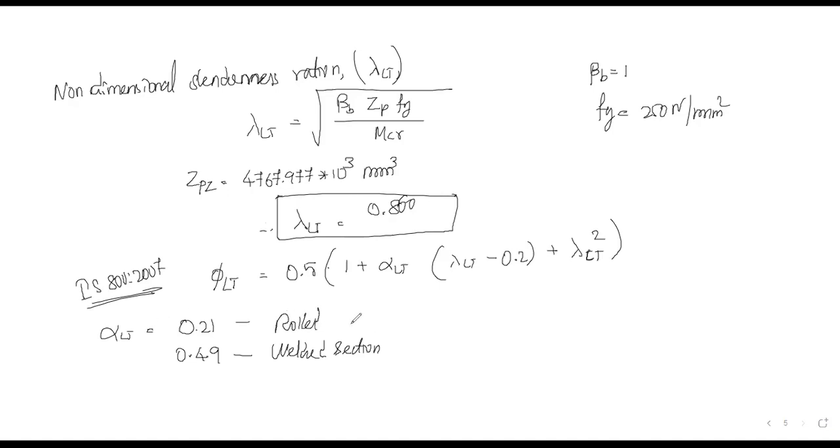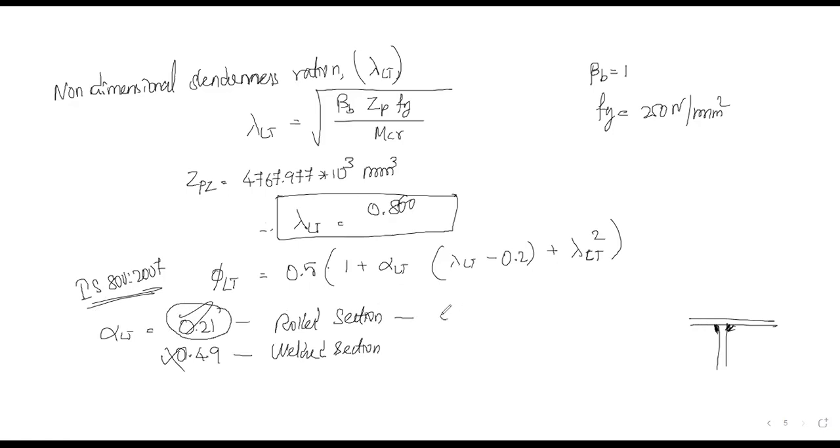This is available in our code book, on the same page. If we have continuous weld, only then do we go for the 0.49 value. But here we are not doing any connections right now, we are going to have some intermediate connections. That's why we choose 0.21 as the alpha LT value.